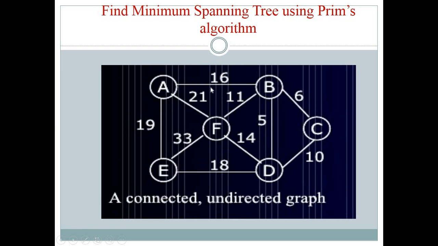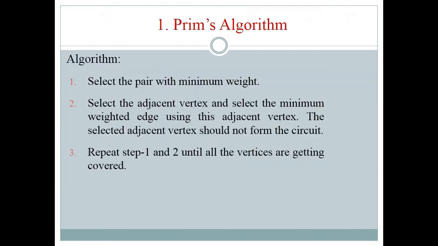A and B are connected with weight 16, B and C with weight 6, E and D with weight 18, F and E with weight 33. So we have to find all the vertices connected with the minimum weight, and for finding those minimum weight edges, we have to perform this algorithm.